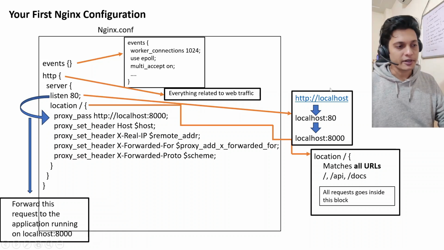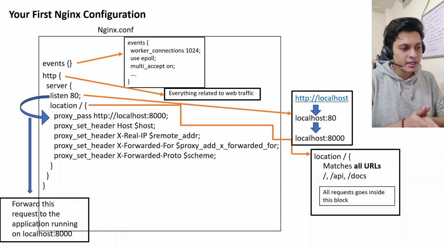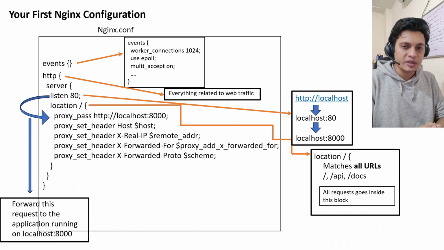Now coming to the part: proxy set header X-Real-IP, proxy set header X-Forwarded. Let's discuss it. So till now we understood a few things. We need to define how Nginx should behave when requests come to it, in the events section. Now the request is handled at the Nginx part. After handling it, how it should be routed inside your application comes under the HTTP part.